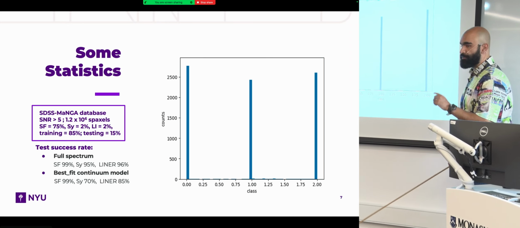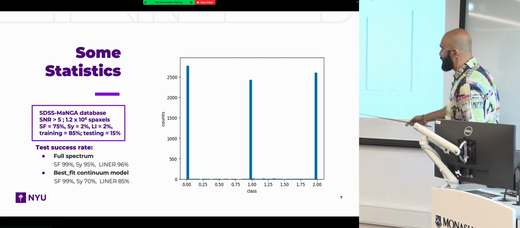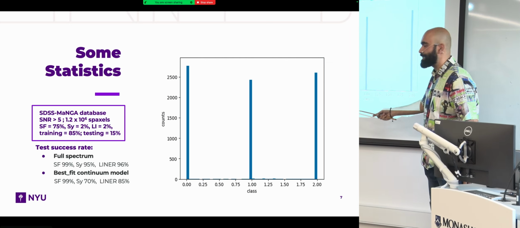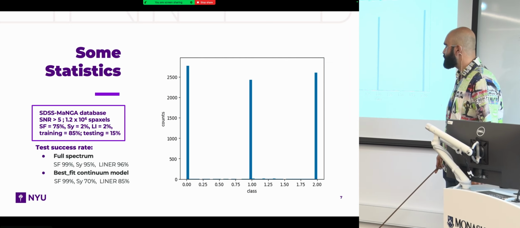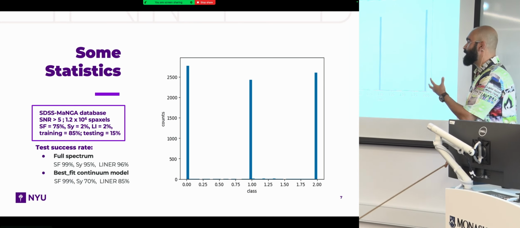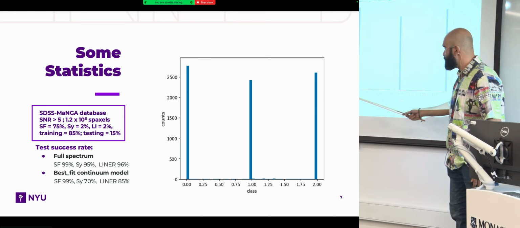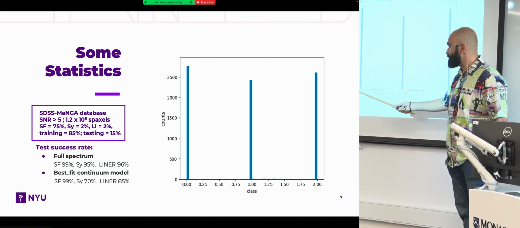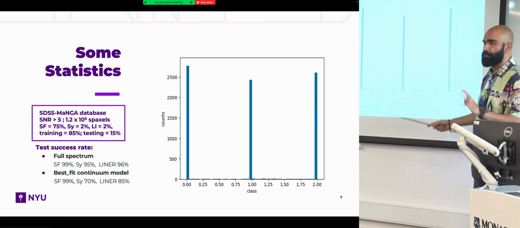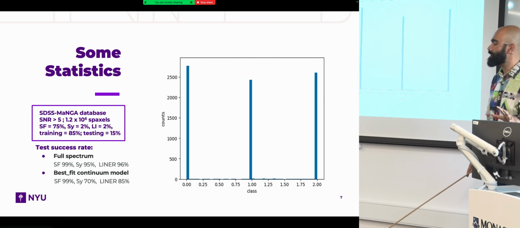From this point on, I'm just going to focus on three groups and analyze them further. I'm going to look at the LINERs that were detected only using their absorption features, to see the relationship between the stellar population and the line emission in this group. Then there's this group of LINERs that were distinguished using their full spectrum, which includes both LINERs that can be distinguished using their strong lines and their absorption features.